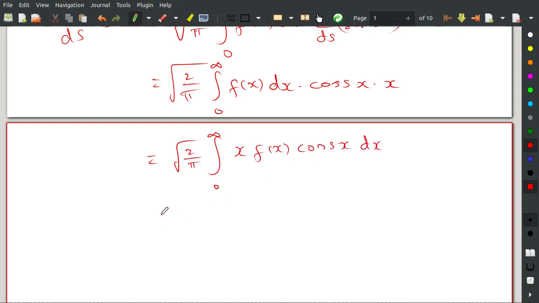Okay, and this is nothing but our Fourier cosine transform of x f of x, and this side we have the differentiation of the Fourier sine transform with respect to s. Okay, so we have proved both of these.